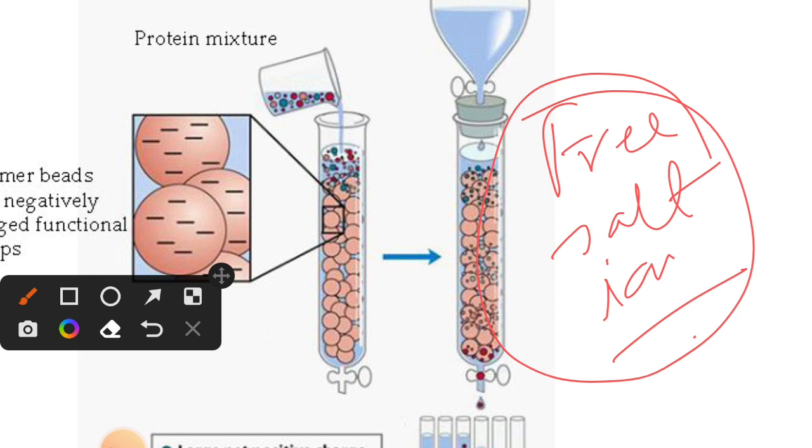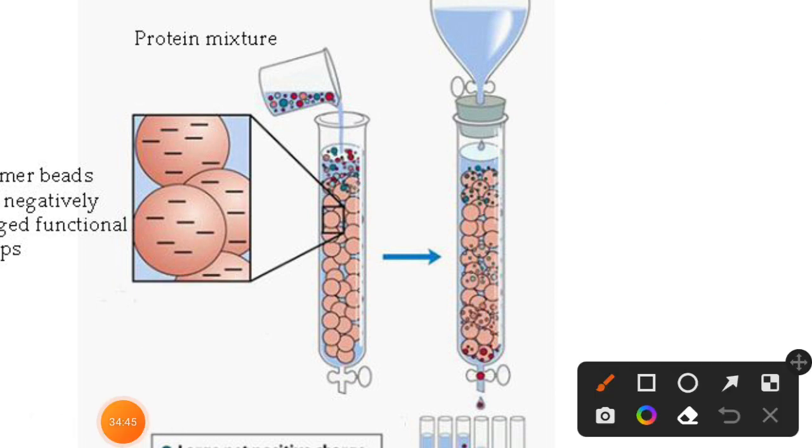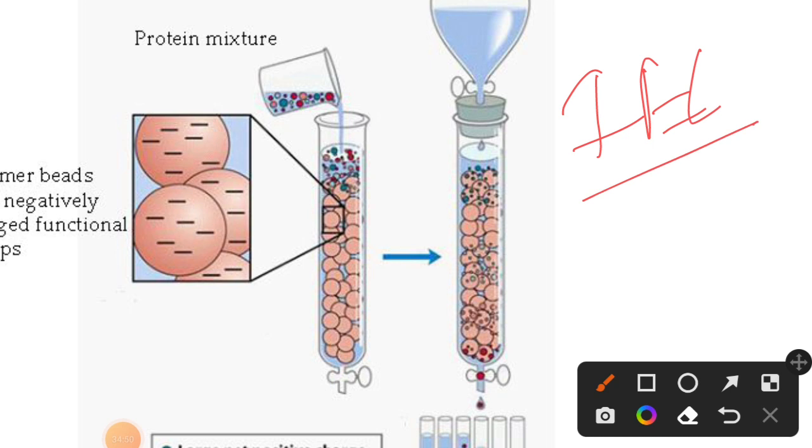So they can also interact with those bound charge groups. So we have to keep the concentration of free salt ions in mind. Another one is obviously the pH of the environment, which determines what charge our protein sample will carry, right? Now let's talk about the factors affecting the ion exchanger. The first one is the cross linking.